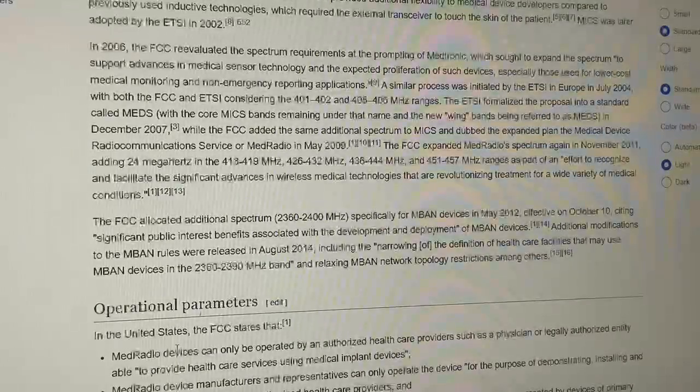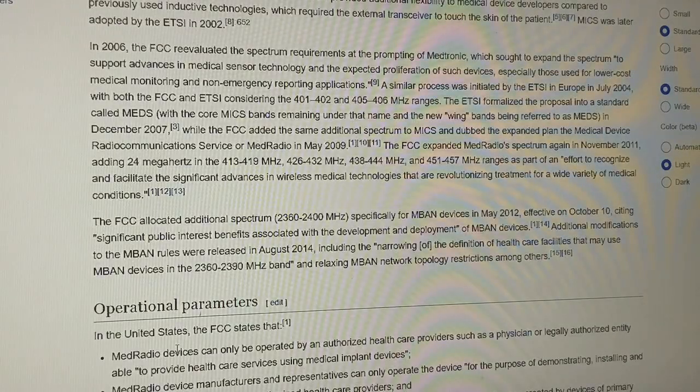The FCC allocated spectrum specifically for medical body area network devices in May 2012, effective on October 10th, citing significant public interest benefits associated with the development and deployment of medical body area network devices.